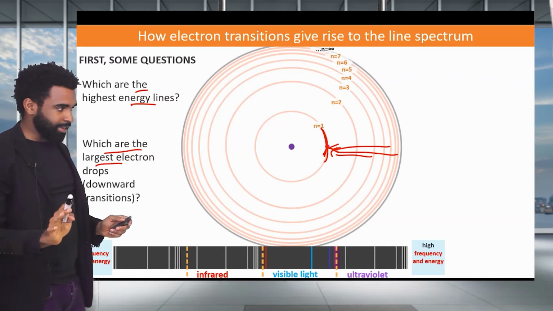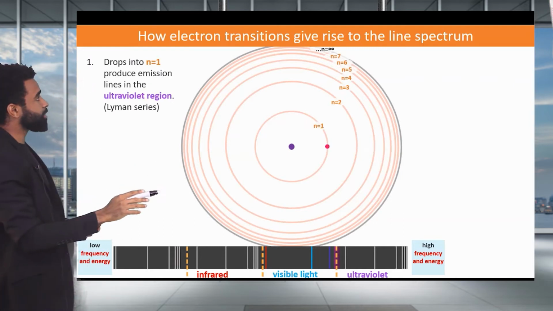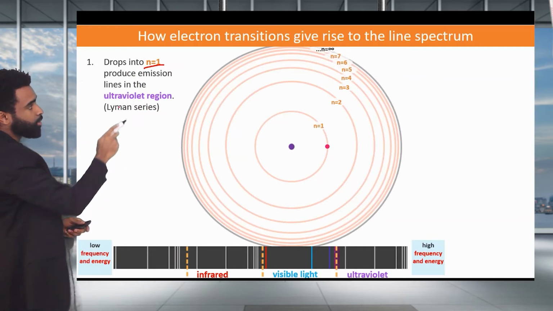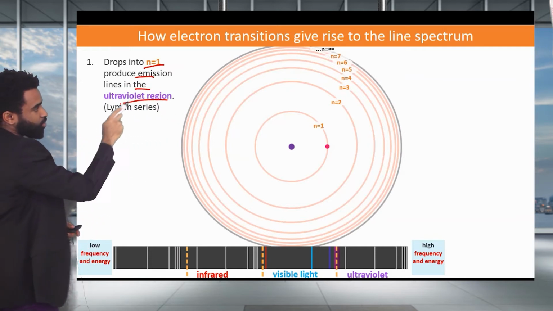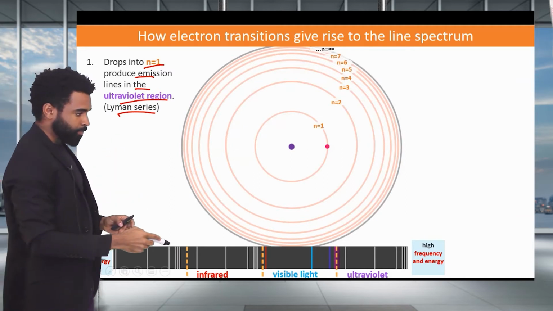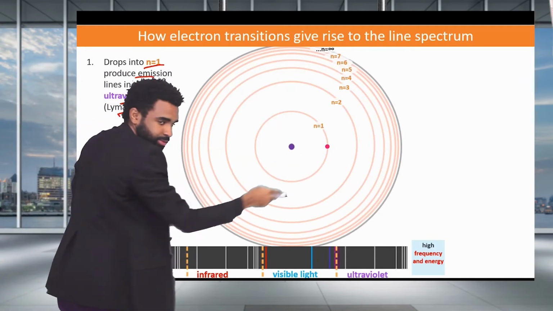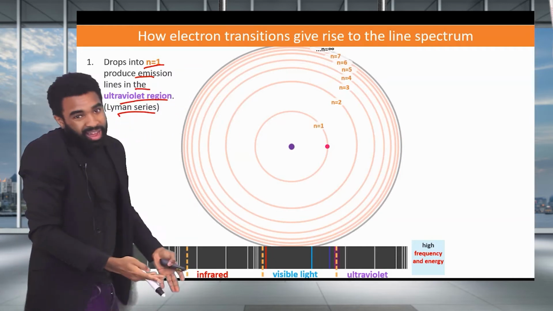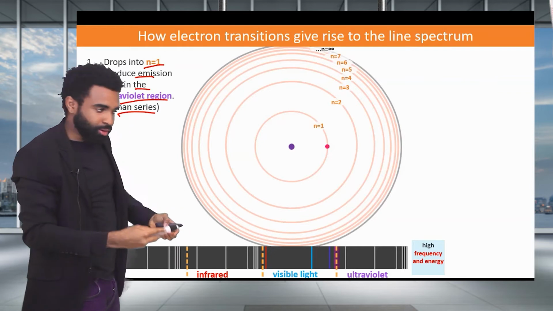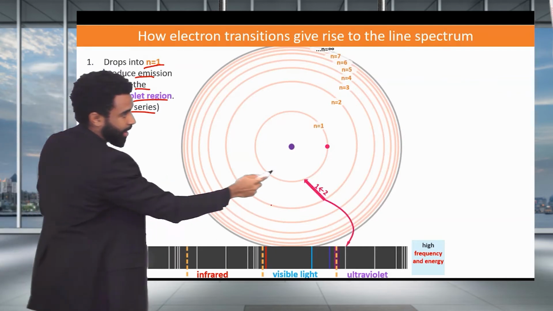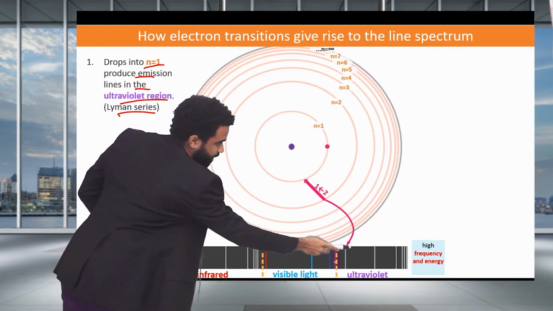Okay, so here's the idea then. The idea is simply that drops into n equals 1, which is the lowest energy state, produce emission lines in the ultraviolet region of the spectrum, called the Lyman series, as I said. So drops into n equals 1, that is drops as low down as possible, would produce a high energy frequency of light. For example, n equals 2 to 1 will be that line there.